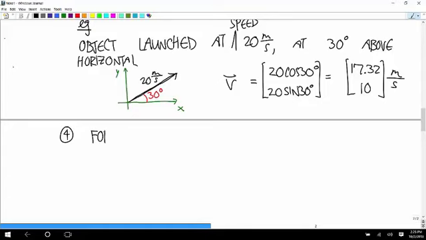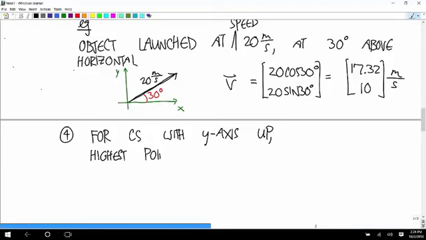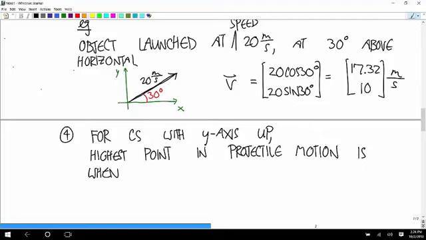So for a coordinate system with the y-axis up, the highest point in projectile motion is when the y component of the velocity is equal to 0. The x component won't be equal to 0.